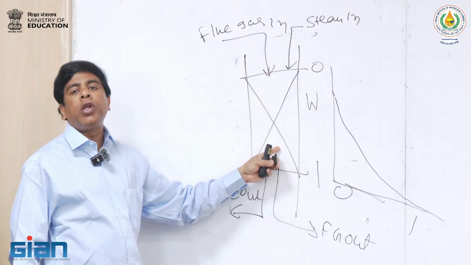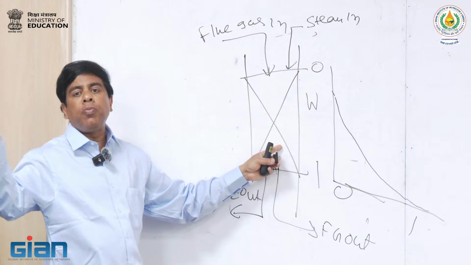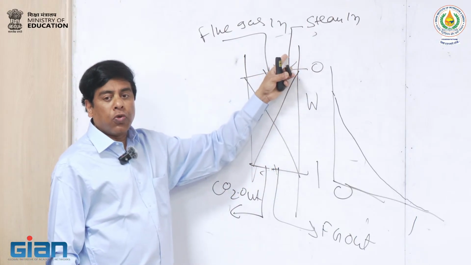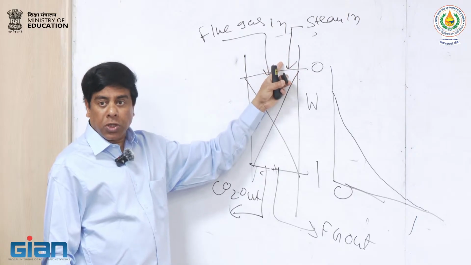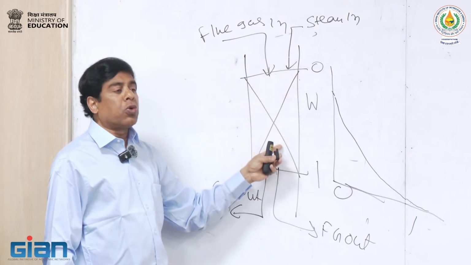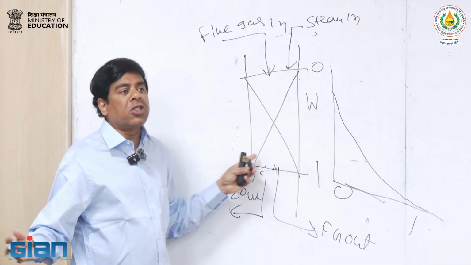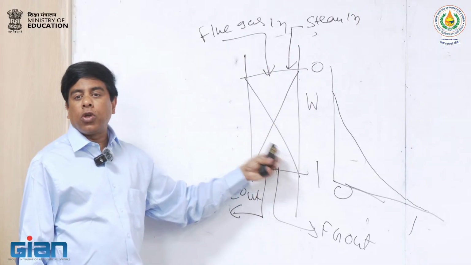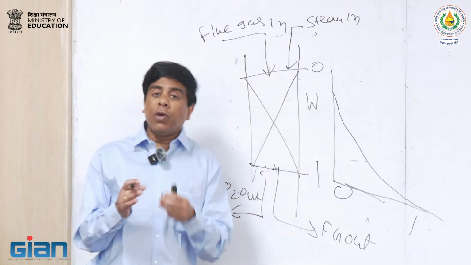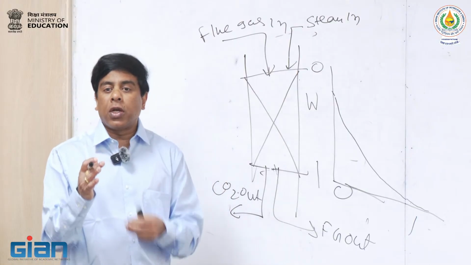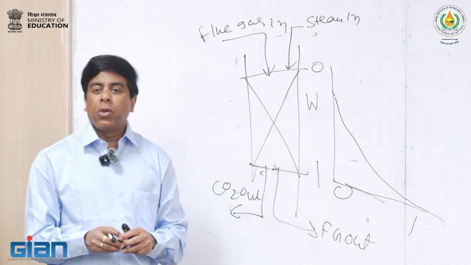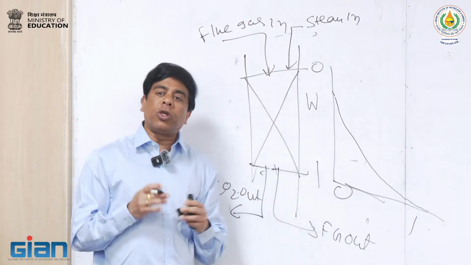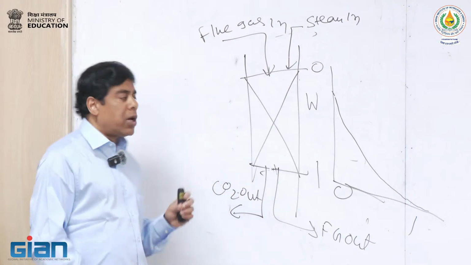Remember, this section did not adsorb anything, because when you treated the flue gas, it only had maybe 5 to 15% CO2 concentration, and by the time it reached here, it was very low, maybe 1%, maybe ppm level. But when you are desorbing the CO2 from here in the presence of steam, the CO2 concentration may be 50%, 60%, 70%. Under that condition, it will adsorb here.